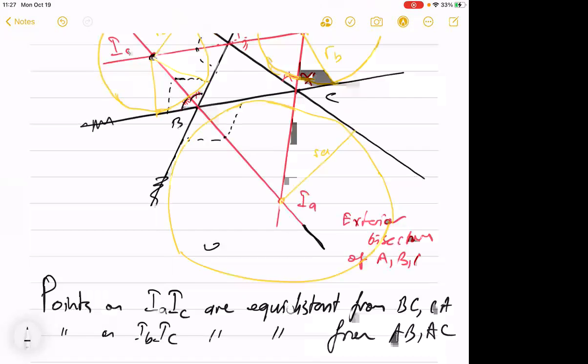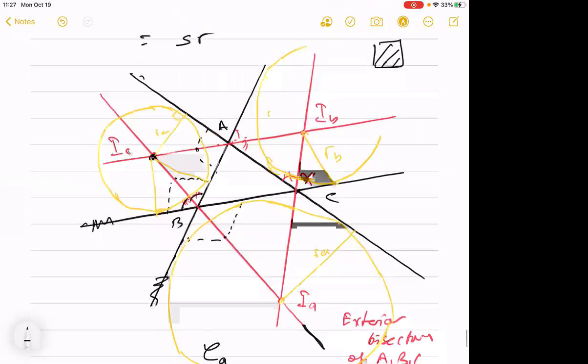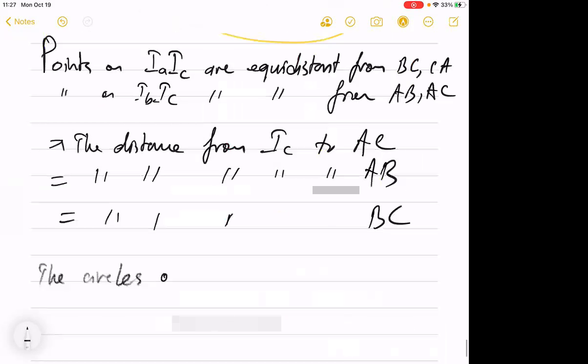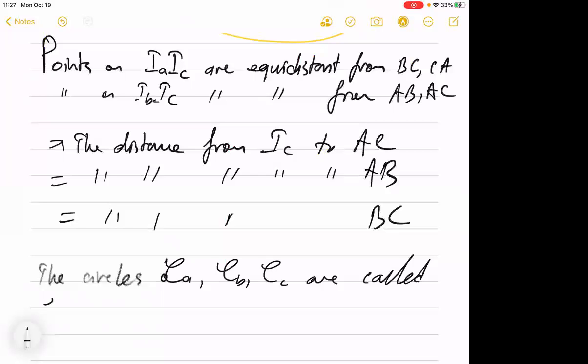This is the circle CA, this is the circle CB, and that's the circle CC. So the circles CA, CB, and CC are called X circles of the triangle ABC.